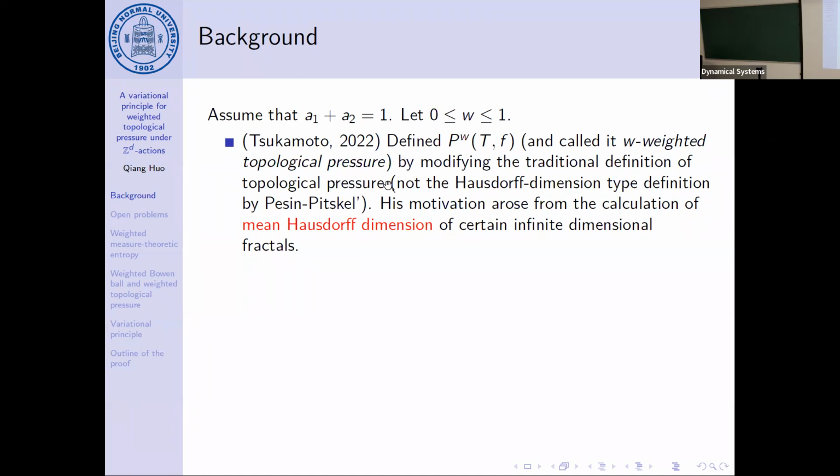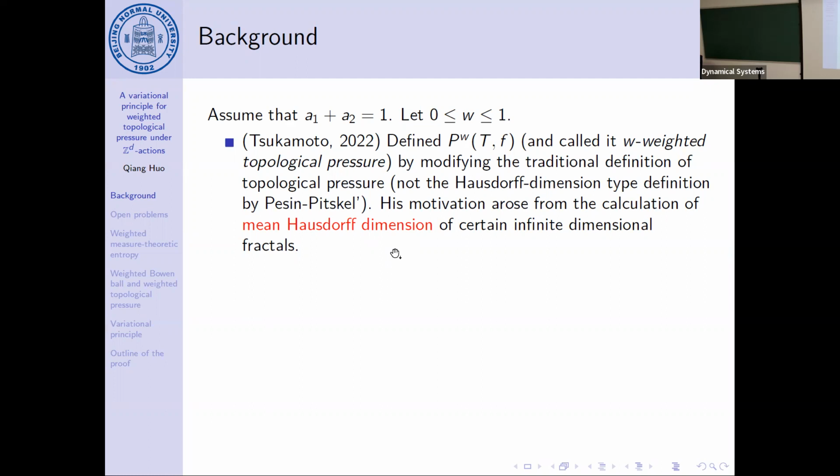But this is not the Hausdorff dimension type definition, but the definition using separating sets or covering numbers. And Tsukamoto's motivation arose from the calculation of mean Hausdorff dimension of some infinite dimensional fractals.